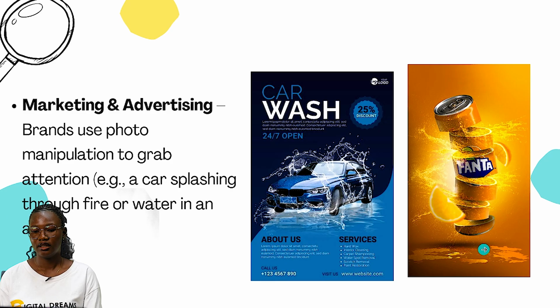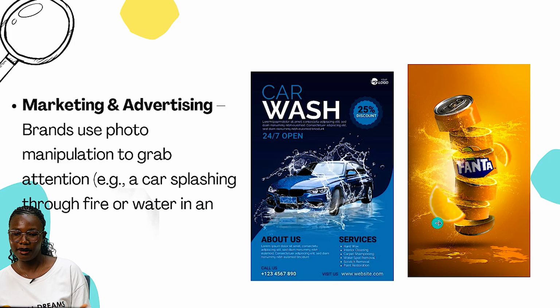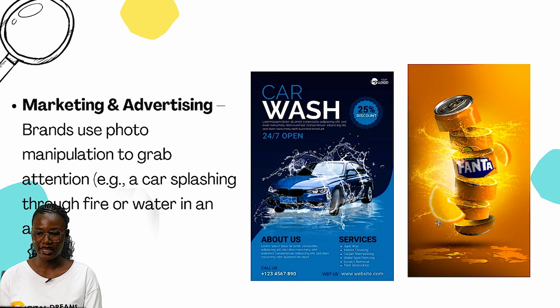Also looking at this one, this is a flyer, but there's photo manipulation here in terms of the car and the water. You see how we can use photo manipulation to market or advertise a product. Looking at this fantastic design here, it's very beautiful to look at, and it has this attention grabbing quality.